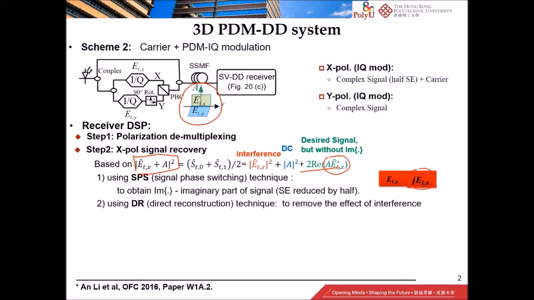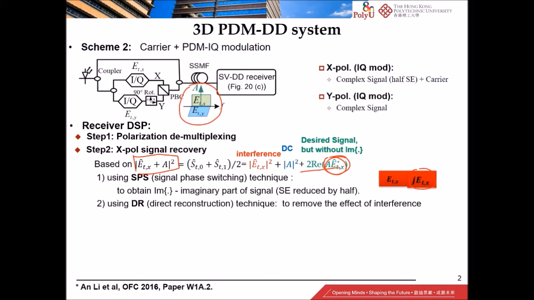Over two symbols, you can get the real part and the imaginary part of this particular signal. Afterwards, we can use methods such as direct reconstruction to remove the effect of interference, and then estimate the full signal EX.